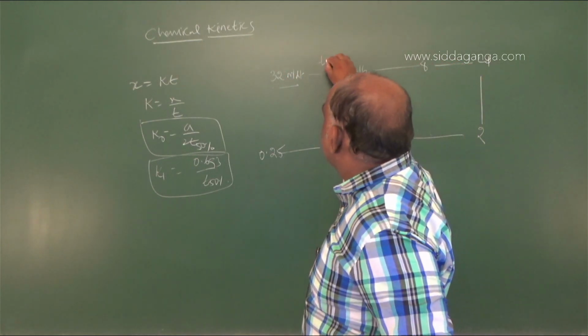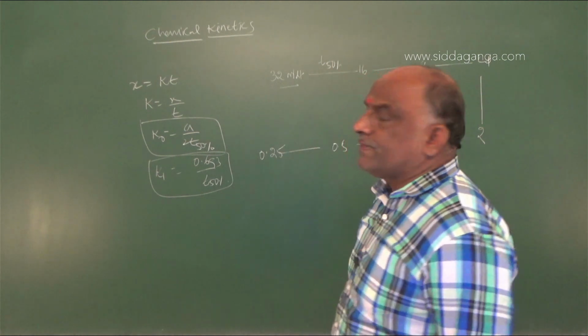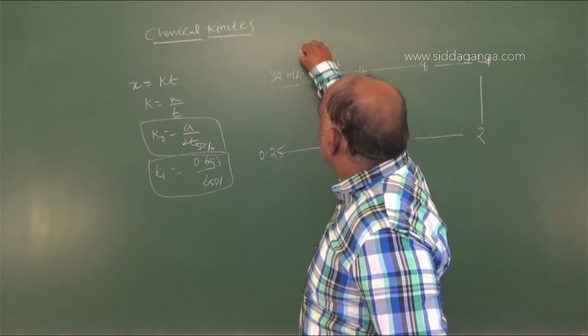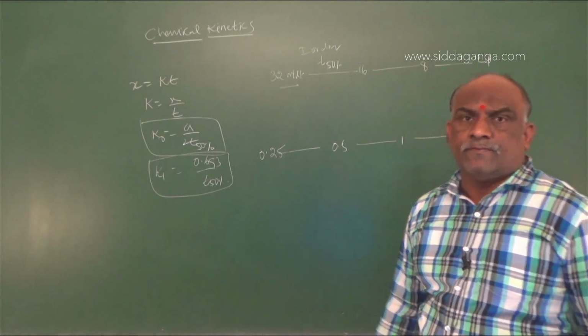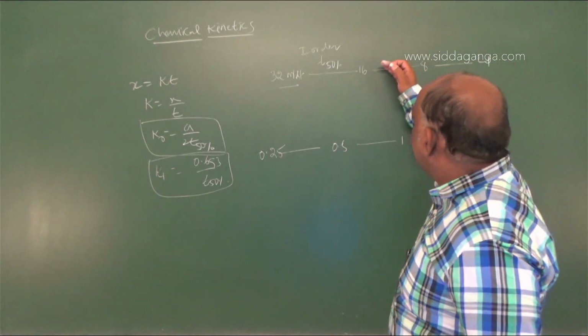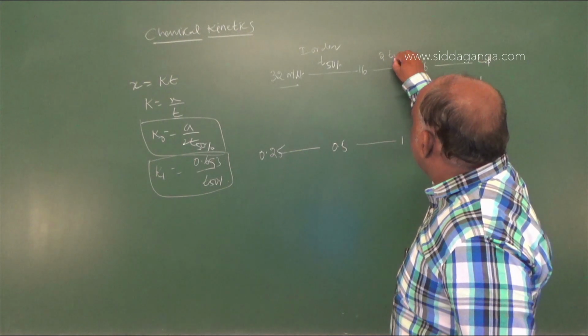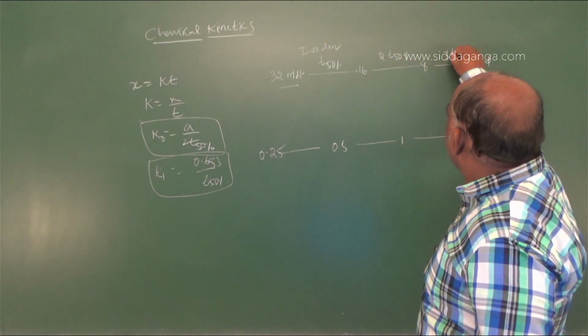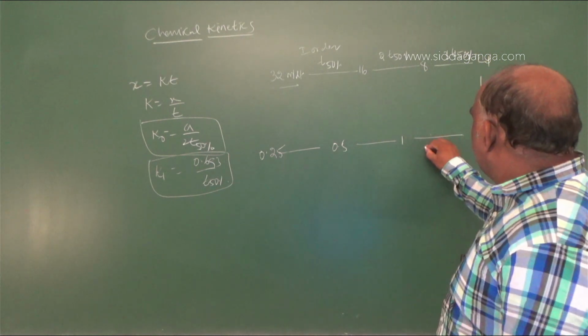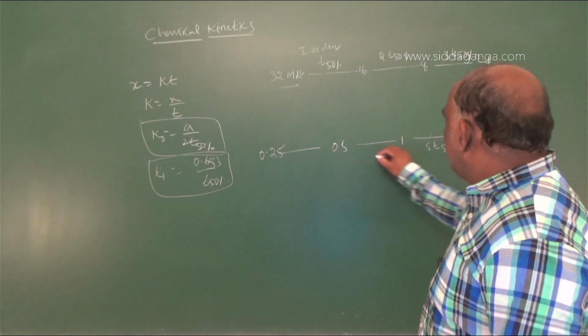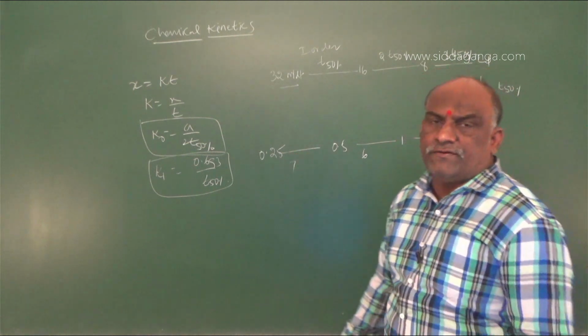So this is T50 for first order. Clear? And this is 2T50, 3T50, 4T50, 5T50, 6T50, 7T50.